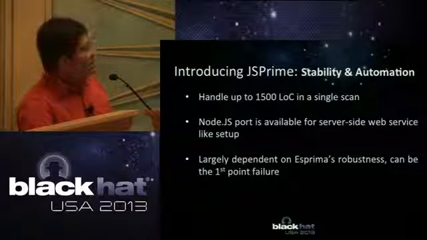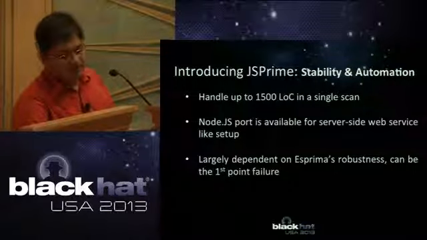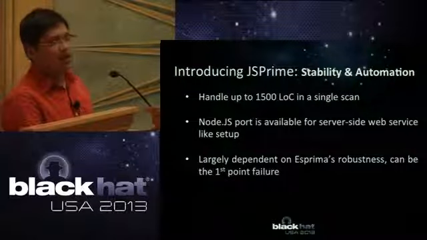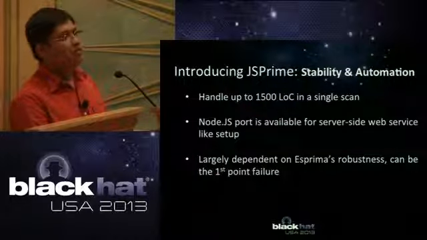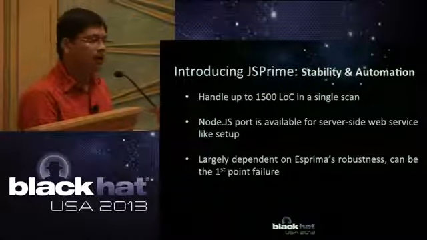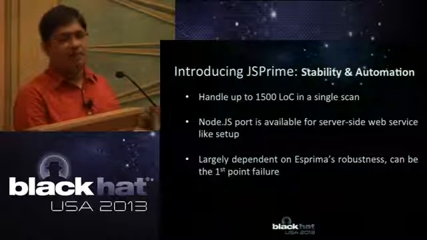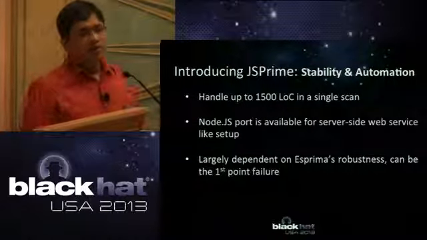It is also very dependent on Esprima's robustness, and that can be the single point of failure. We have seen some JavaScript files which Esprima itself is unable to parse, or it breaks. Since we are dependent upon the AST that Esprima generates, we are not able to go further.